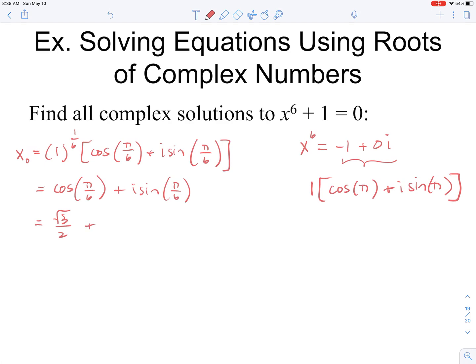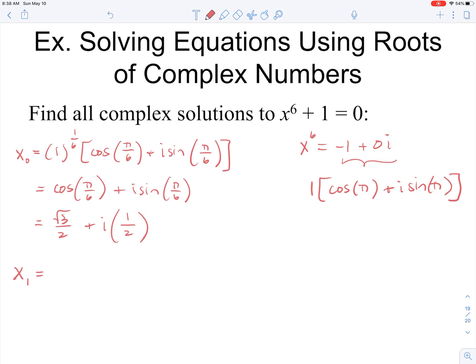So that would be the first solution in polar form. Cosine of pi over 6 is root 3 over 2. Sine of pi over 6 is 1/2. So plus i times 1/2. Okay, and that would be rectangular form.